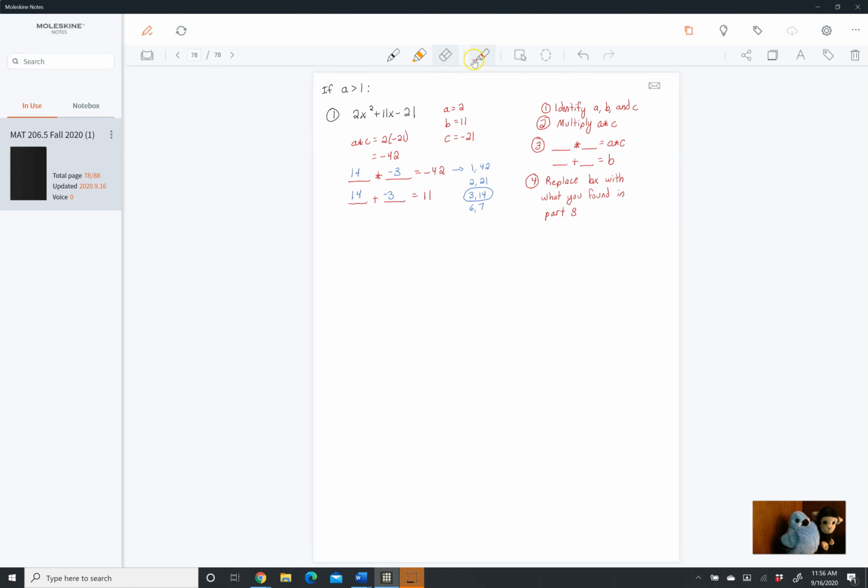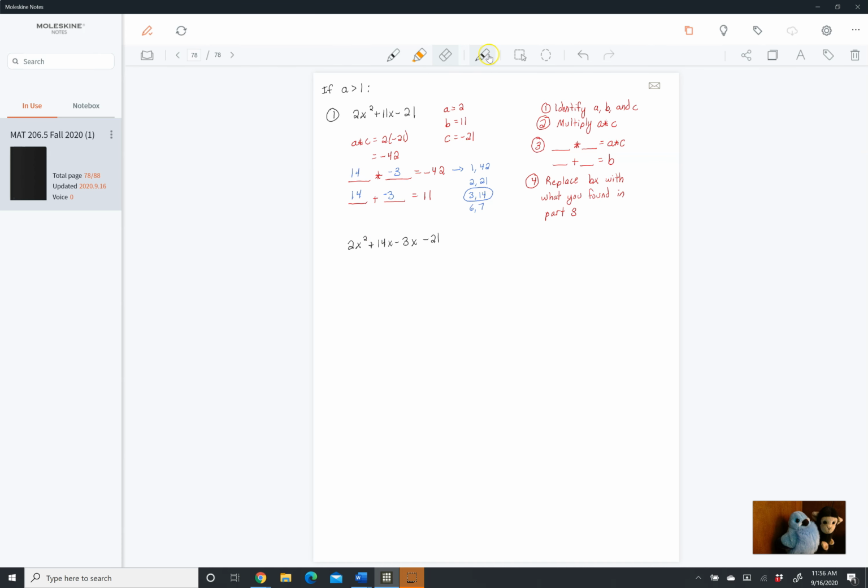That means that this is now, instead of 2x squared plus 11x minus 21, since we could get the 11 by doing 14 plus negative 3, we're going to replace this 11x. So it's going to become 2x squared plus 14x minus 3x minus 21.